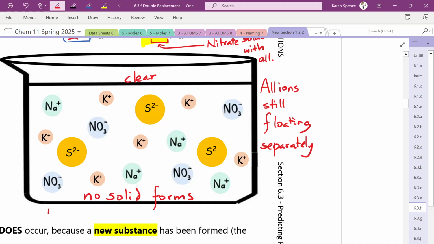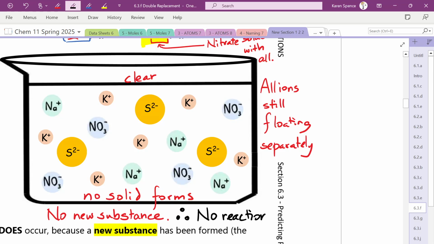So there's no new substance. And if there's no new substance, has there been a chemical reaction? No. No reaction. NR.